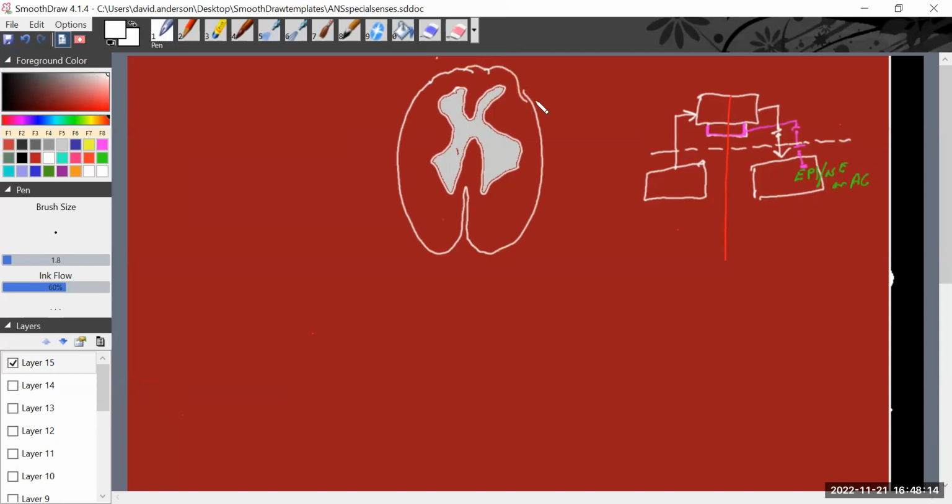White matter was tracts, ascending and descending tracts. So we said we had our somatic motor neurons in the ventral horn. When they leave through the ventral root, they travel all the way directly to their target. They do not stop or synapse with anything other than the target, in this case, skeletal muscle.